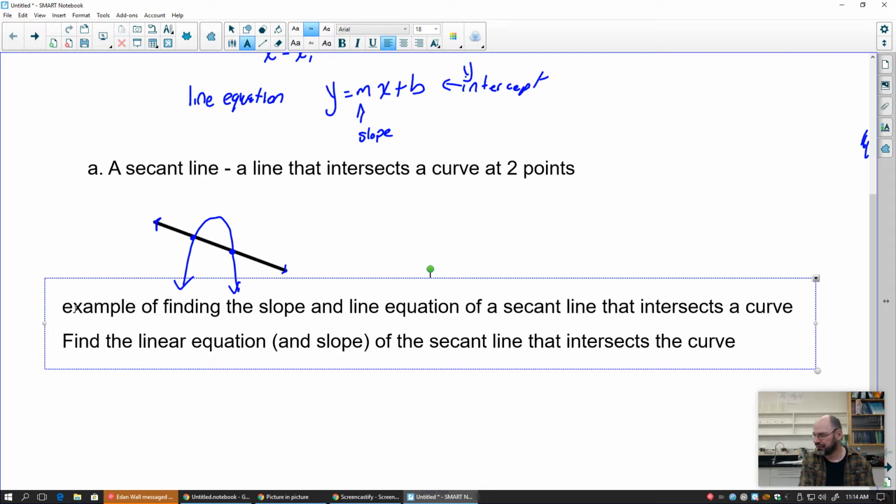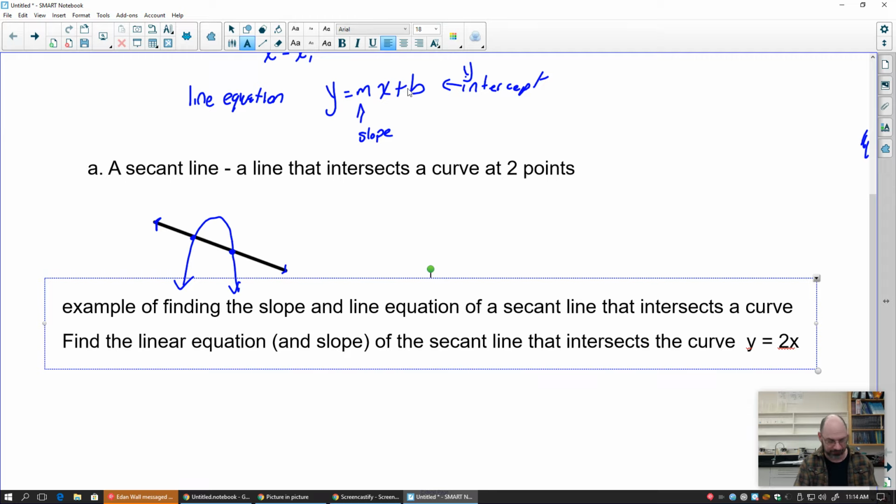Let's say y equals, or f of x, if you like, equals 2x squared. Let's square that. You have to click up here to get that.